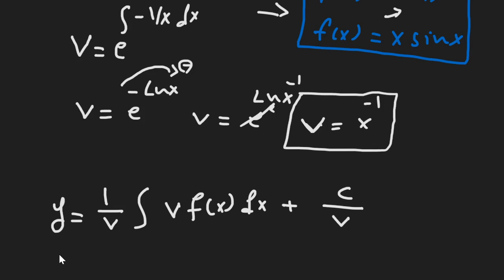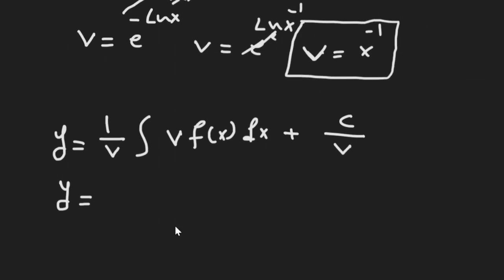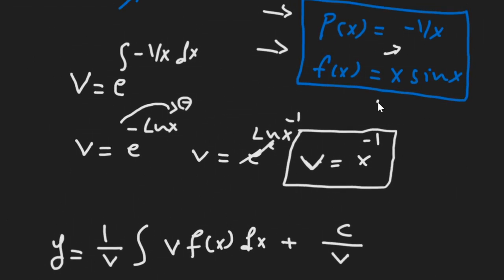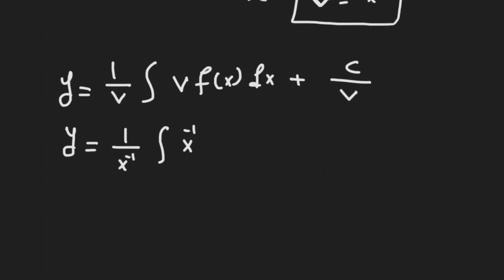So we can say that y equals 1 over v, and your v is basically x to the minus 1, integral, again v is x to the minus 1 multiplied by f of x, and f of x is this term, x sine x, multiplied by x sine x dx, plus c divided by v, which is x to the minus 1.